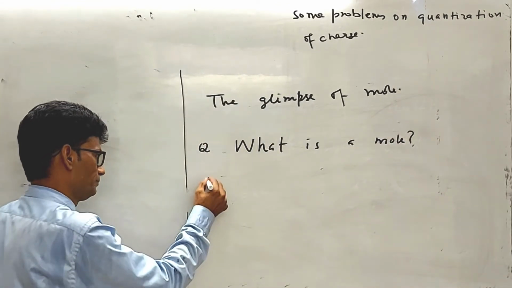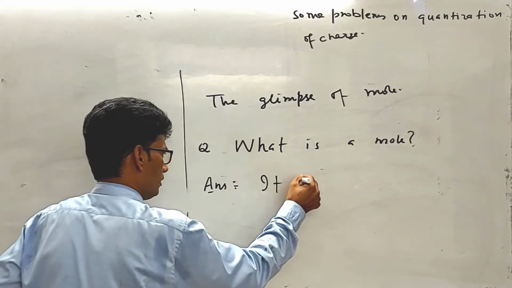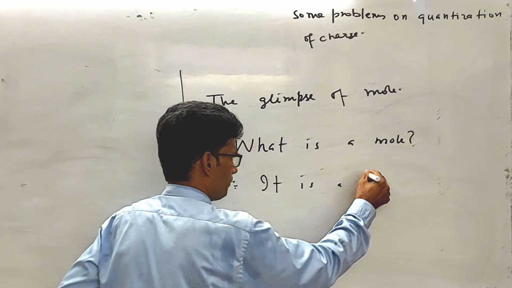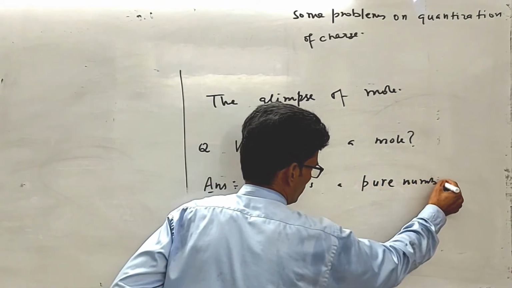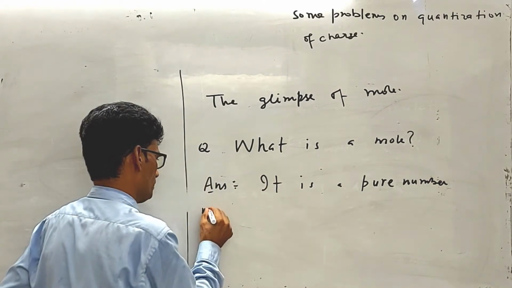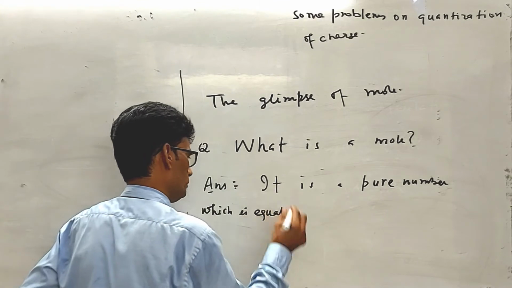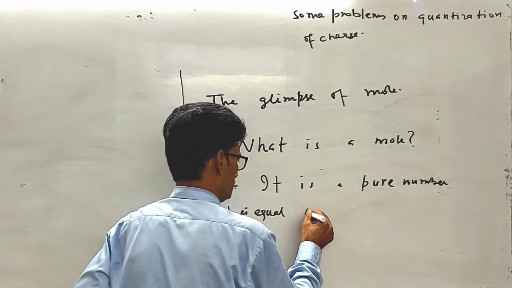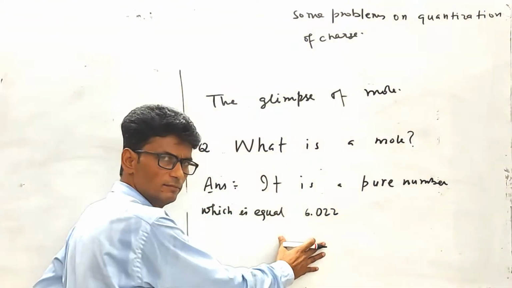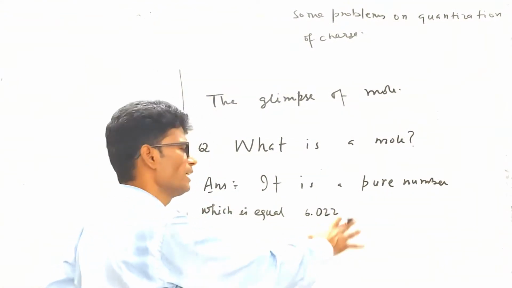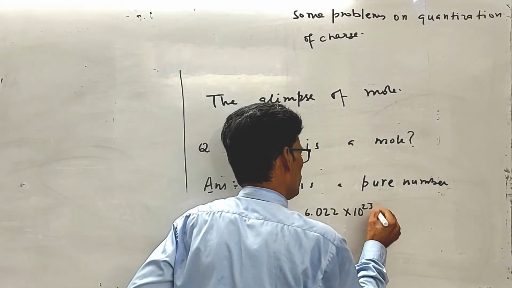Answer. It is a pure number which is equal to 6.022, rounded up to 3 decimal digits and approximately, into 10 to the power of 23.